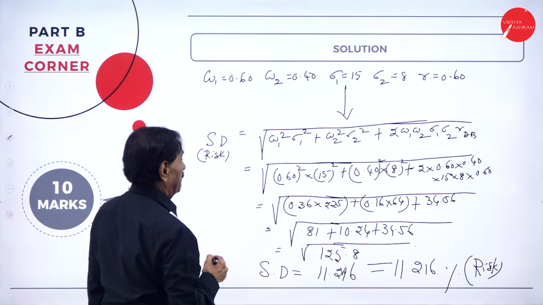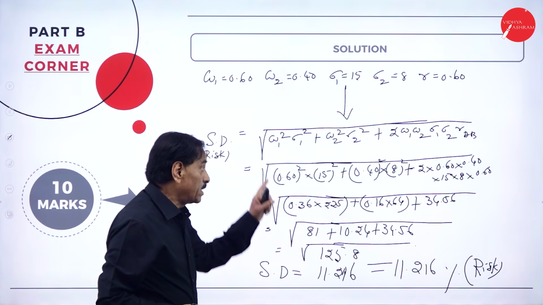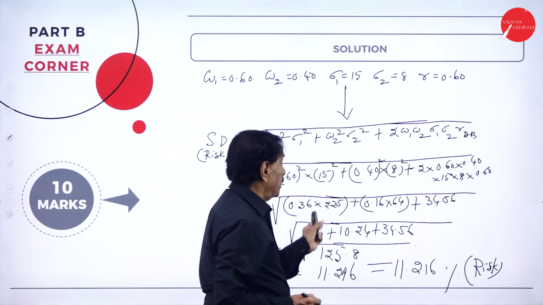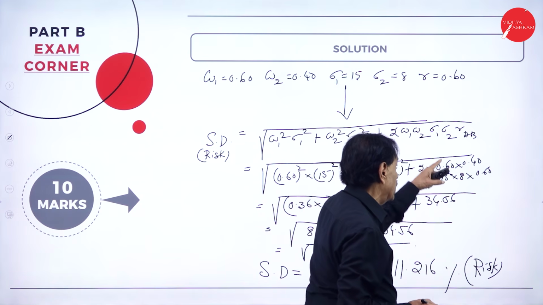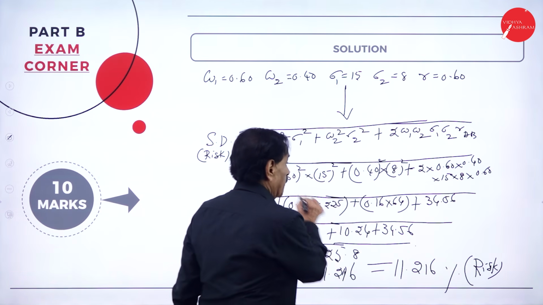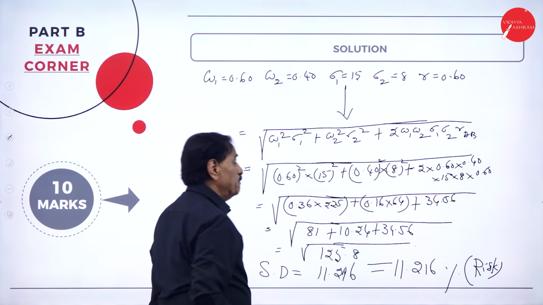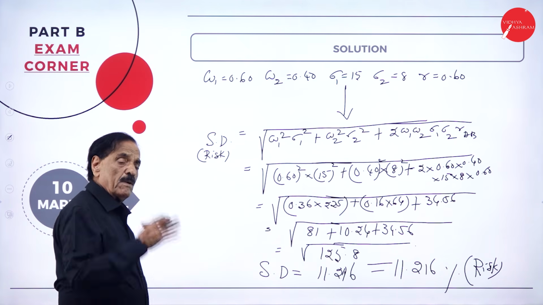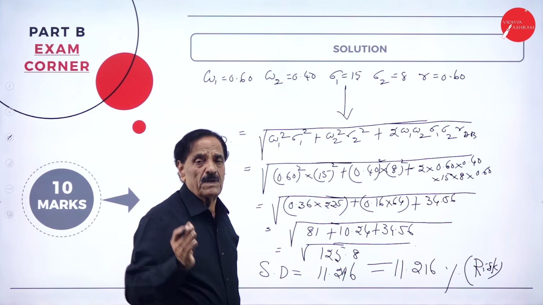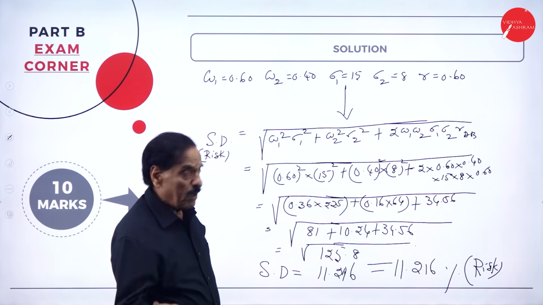Risk or standard deviation: W1 squared, standard deviation 1 squared, plus W2 squared, standard deviation 2 squared, plus 2 into W1, W2, standard deviation 1, standard deviation 2, R of AB. I have applied. The answer is 11.216%.